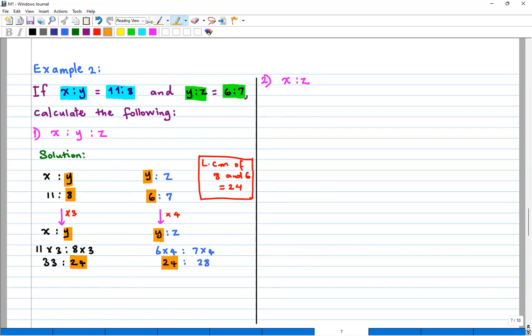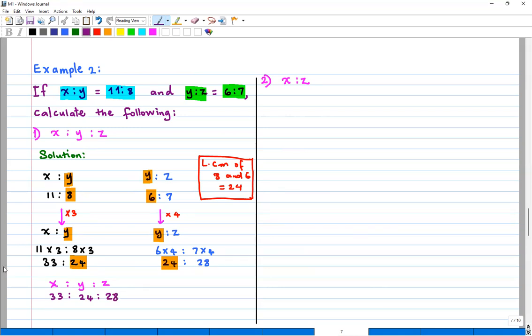So we come and say that finally, x to y to z is 33, which is for x, y, which is 24, and z, which is 28.